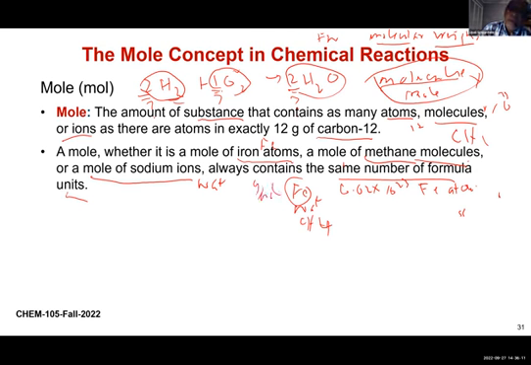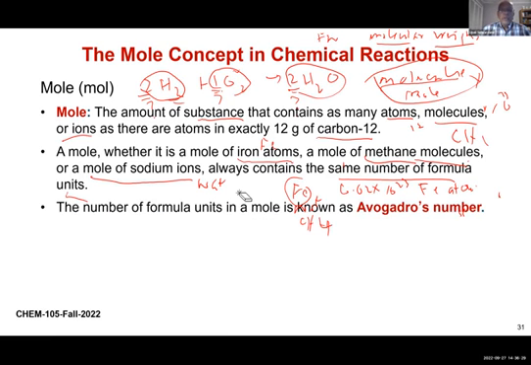You take the formula mass, formula weight, FW, or molecular weight in grams. That's 1 mole. This number, 6.02 times 10 to the 23, is called Avogadro's number.